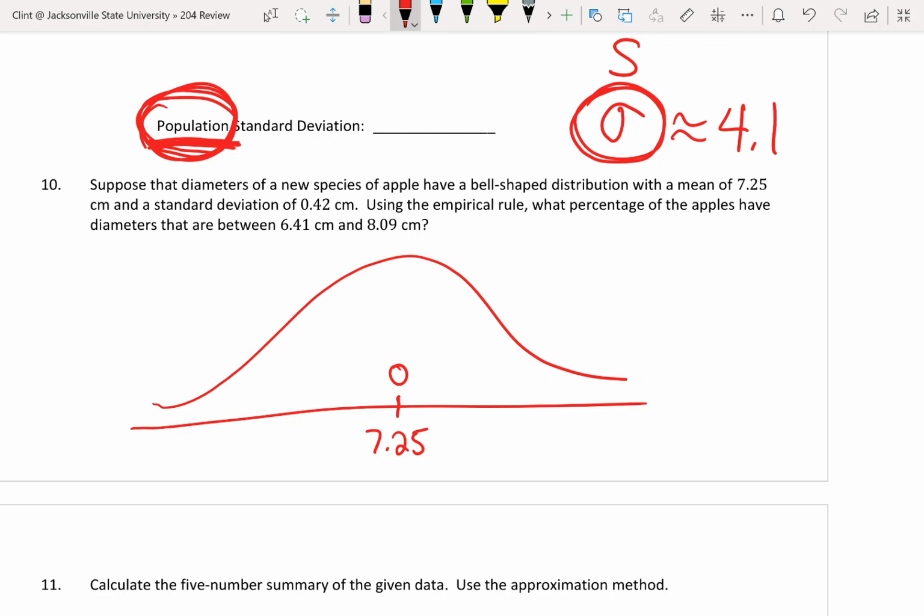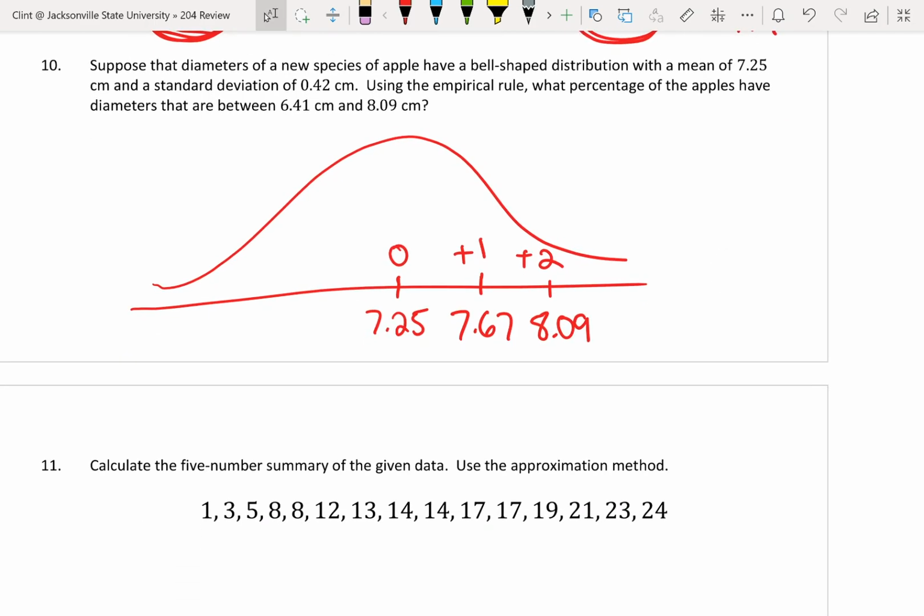So 7.25 plus 0.42 gets us to 7.67. That's one. Go up another one, plus 0.42 again, and we're at 8.09, so that's as far as we have to go on that one.